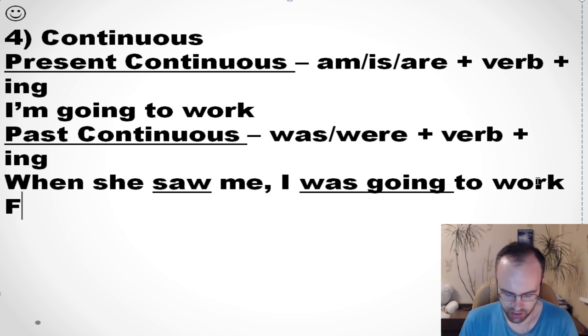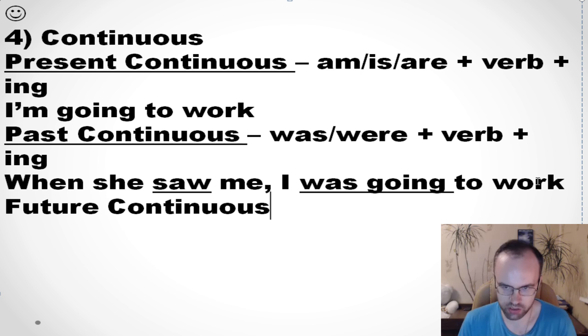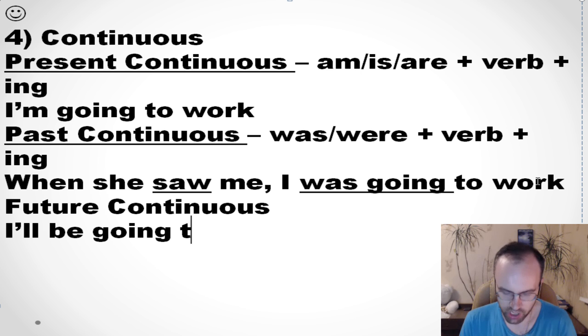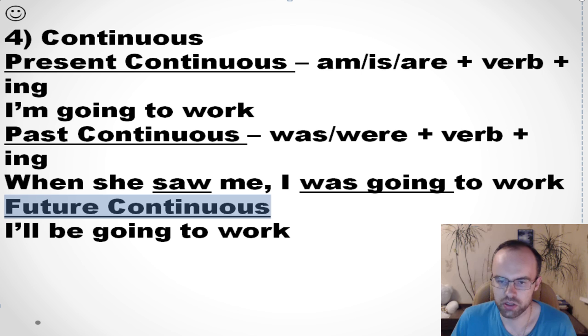Okay, good. And as you might have already guessed, future continuous. It's a long action in the future. So I'll be going to work. It shows the importance of this action, and it shows us that it's really a long action, not just a single short action.